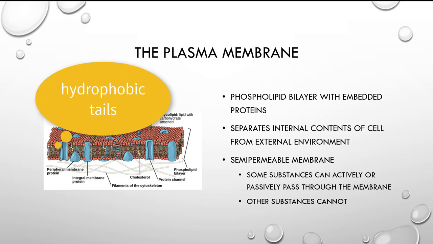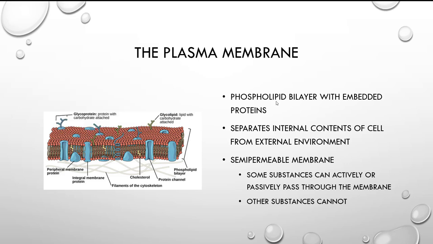That's the hydrophobic part. And you can see that it's a bilayer, so two layers. We have one phospholipid, and then here's the other phospholipid. You can see how the fatty acids are facing each other because they're nonpolar, so they're hydrophobic. They're facing each other to avoid the water or the liquid part.